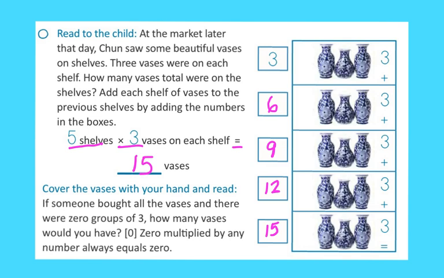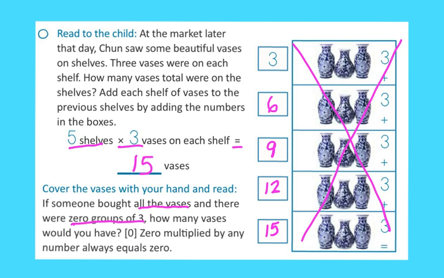Now let's think about this. If someone bought all the vases and there were 0 groups of 3, if this part did not exist, there were no vases left, how many vases would you have? That's right, 0. So 0 multiplied by any number always equals 0.